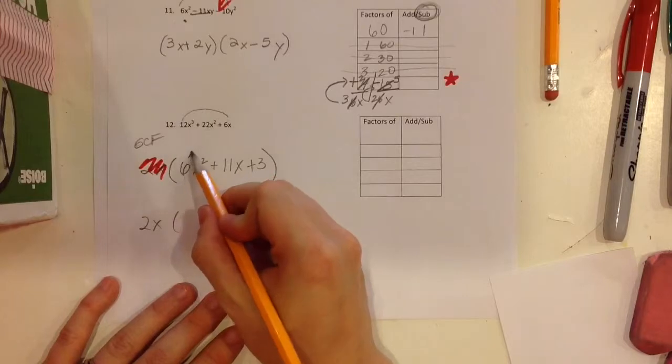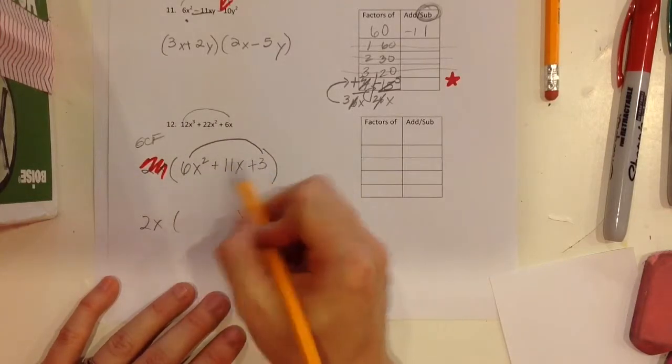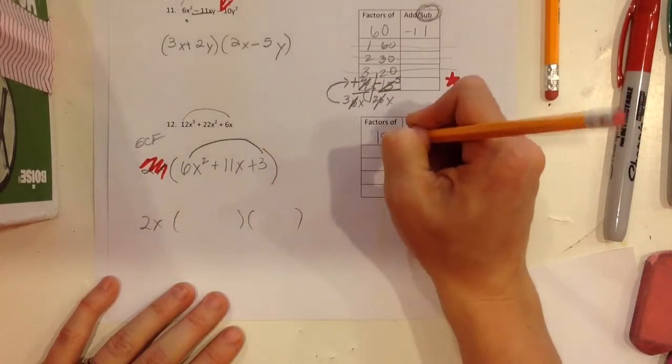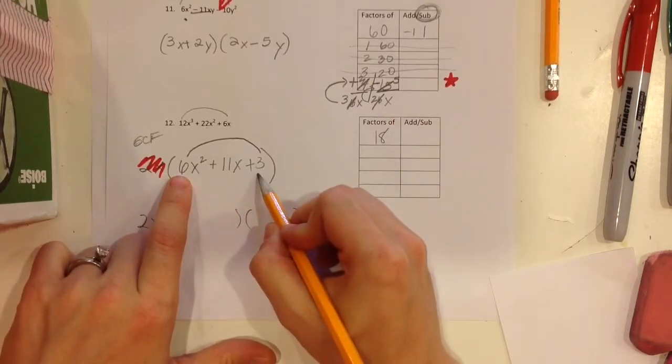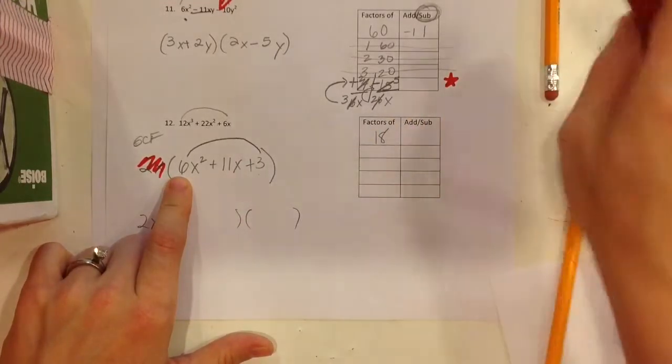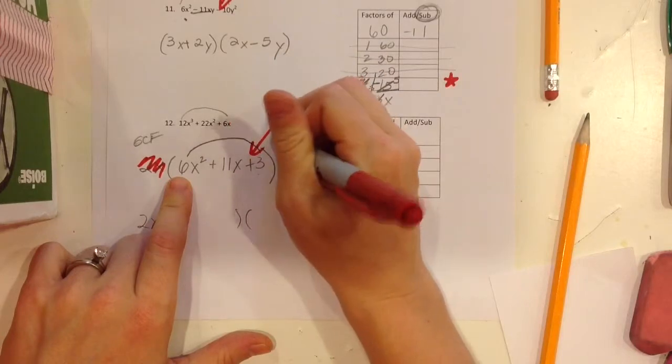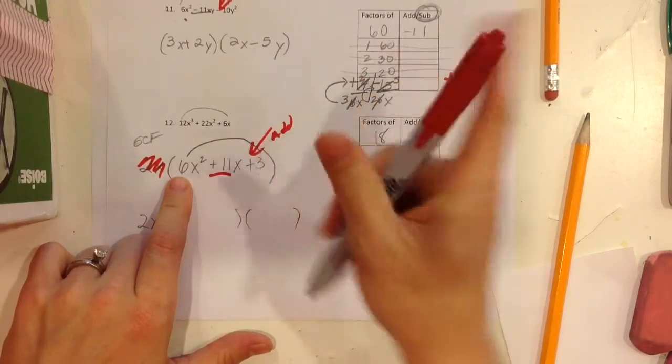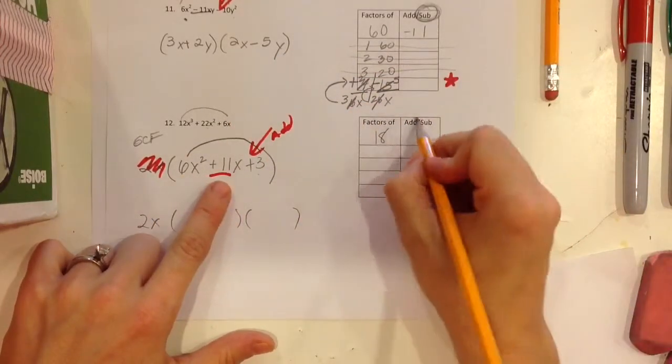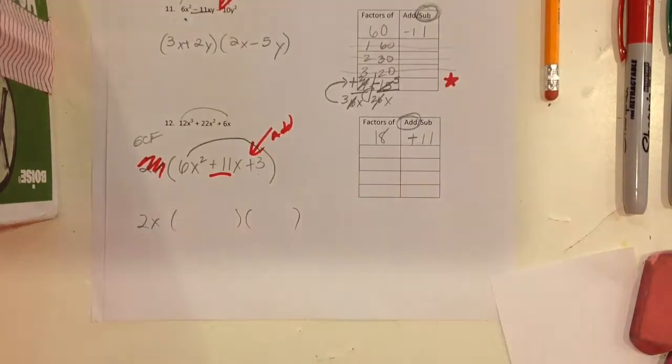And I want to multiply and find the factors of 3 times 6, which is 18. So 3 times 6 is 18. The factors of 18 that add to give me a positive 11. So I'm adding to get a positive 11.